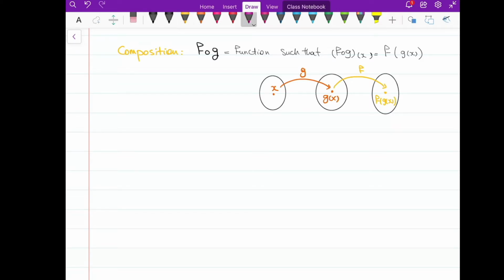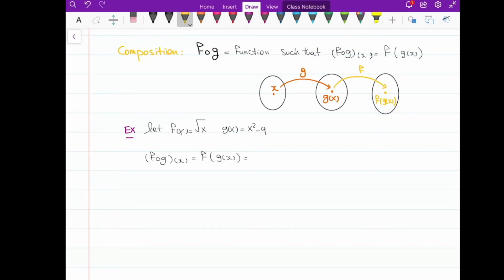Look at one example. Let f of x be square root of x and g of x be x squared minus 9. Okay, what is f circle g? f circle g at any point x is equal to f of g of x.